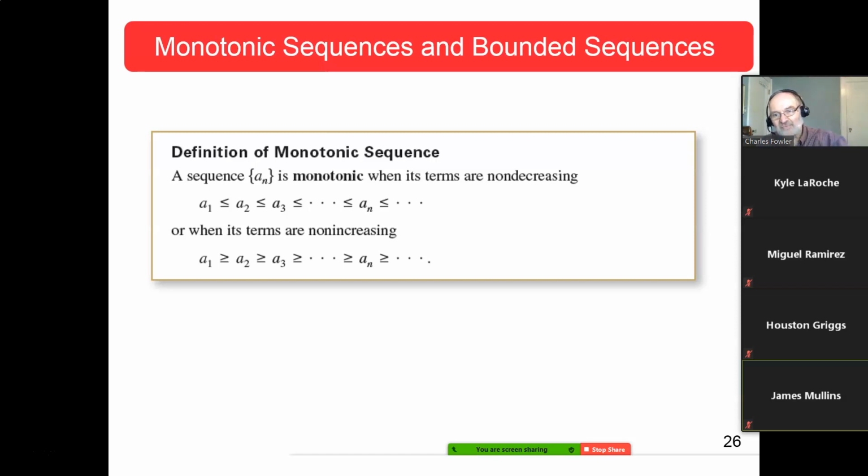So I think I said the other one backwards. A sub 1 is greater than or equal to A sub 2 is greater than or equal to A sub 3 is greater than or equal to A sub 4 is greater than or equal to A sub n. So these are either decreasing or staying steady, just not increasing. These up here are increasing or staying steady, but not decreasing.